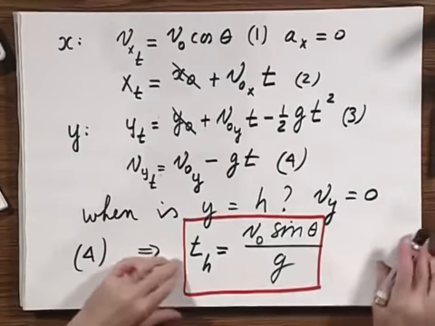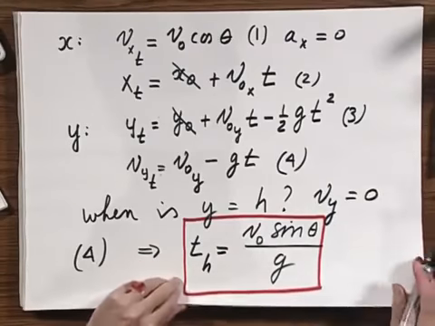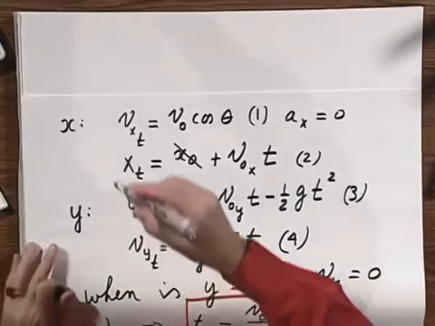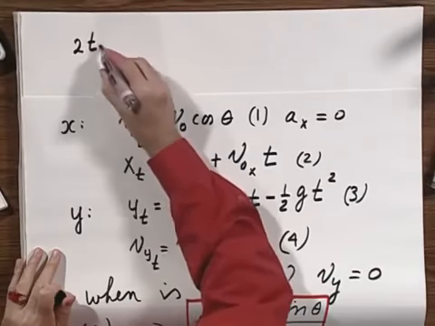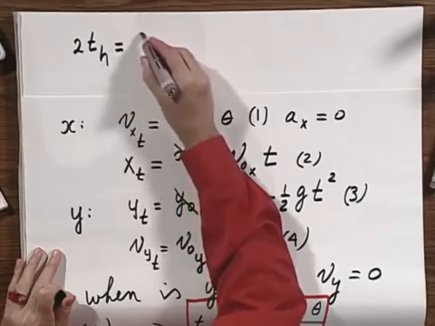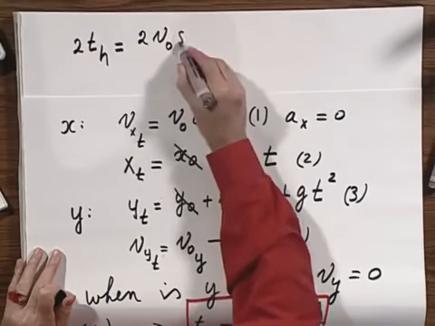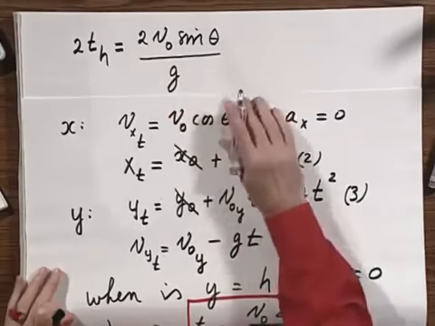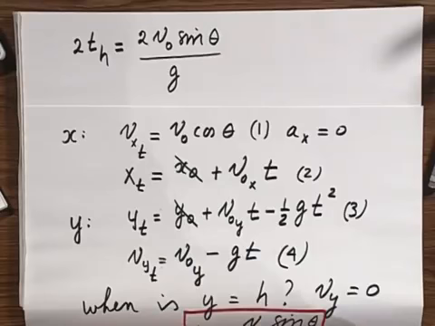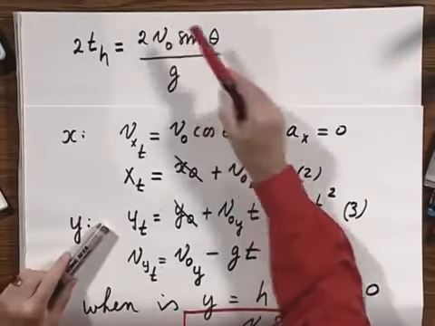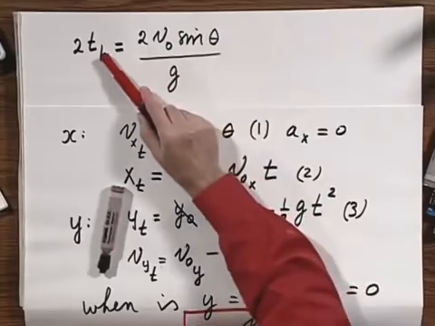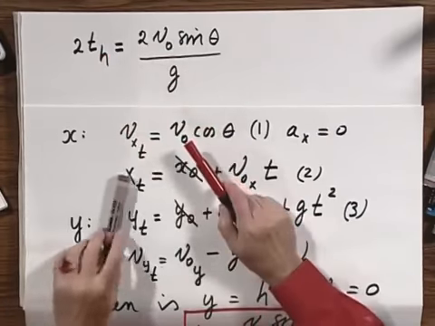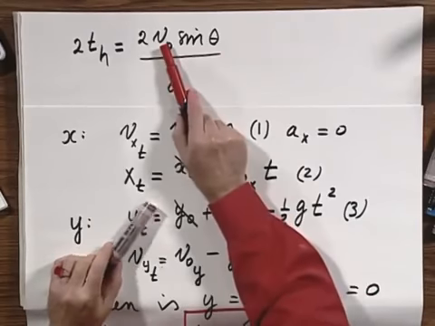So it should be immediately obvious, since the time of flight, the whole trajectory, is 2 t of h, is therefore 2 times v0 times the sine of theta divided by g, that you can now immediately answer the question that if v0 doubles, but if theta does not change, the flight lasts twice as long. It's as simple as that. Because the duration of the flight is proportional to v0.